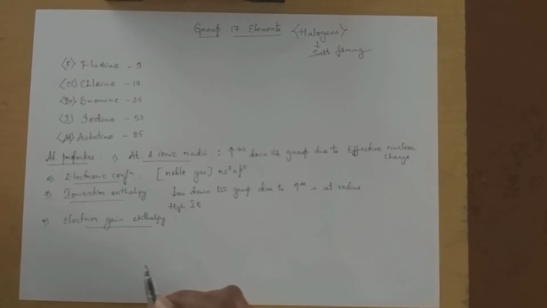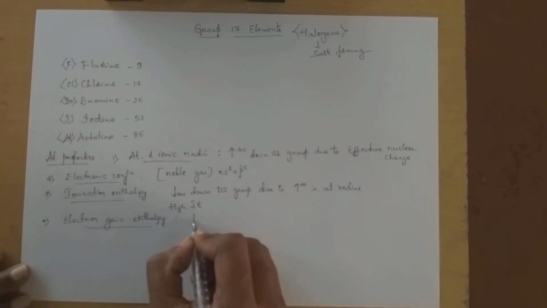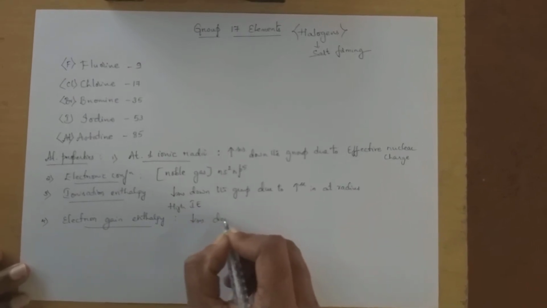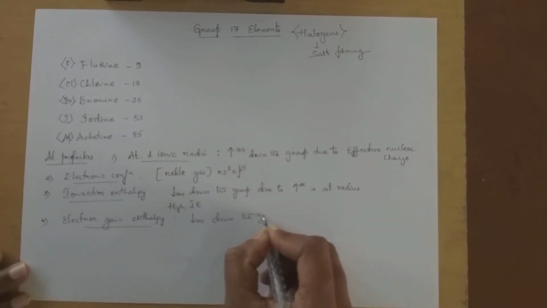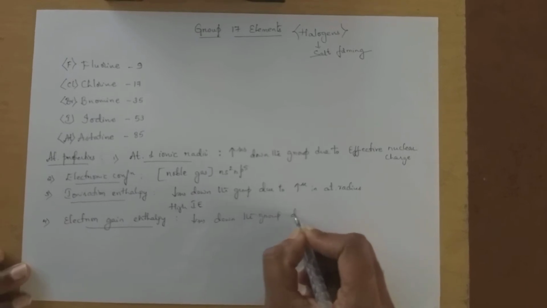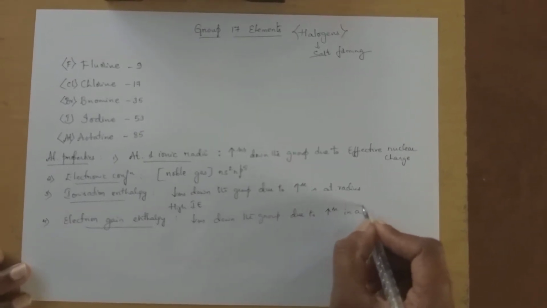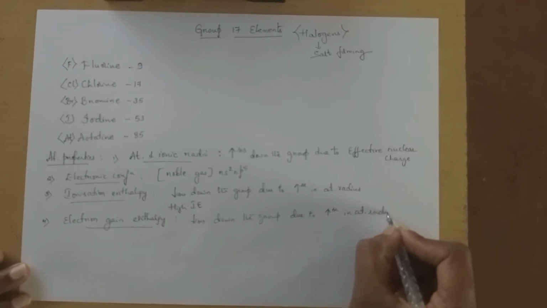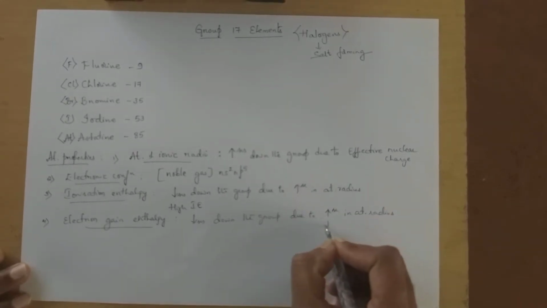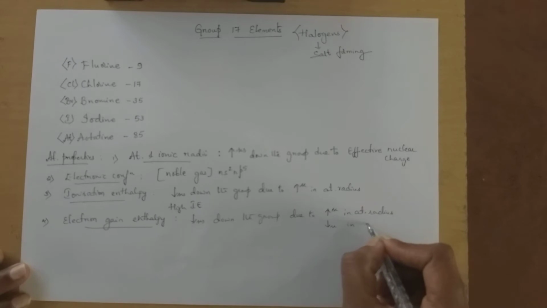So due to increase in the atomic size and decrease in the electronegativity, this electron gain enthalpy decreases down the group. Decreases down the group due to increase in atomic radius and decrease in electronegativity.